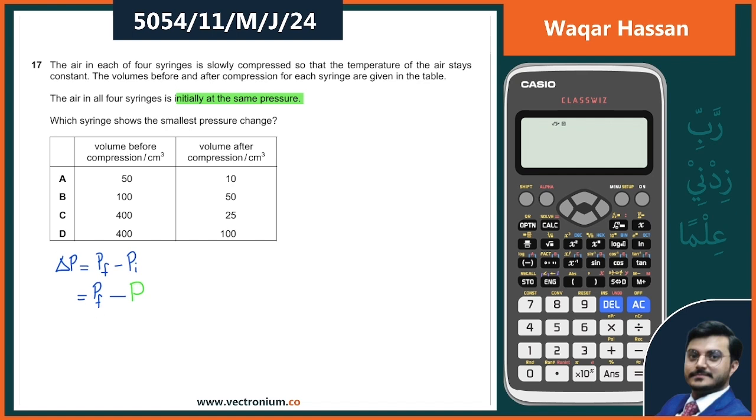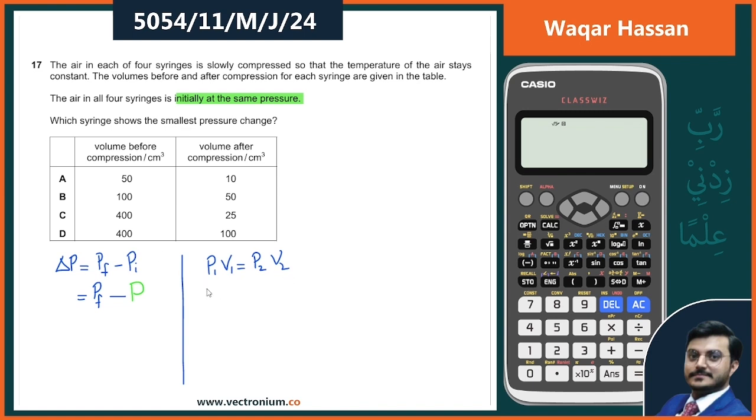the pressure and the volume are inversely proportional to each other when the temperature is constant. And mathematically it is expressed as P1V1 is equal to P2V2, where P1V1 represents the initial pressure and initial volume, and P2V2 represents the final pressure and final volume.